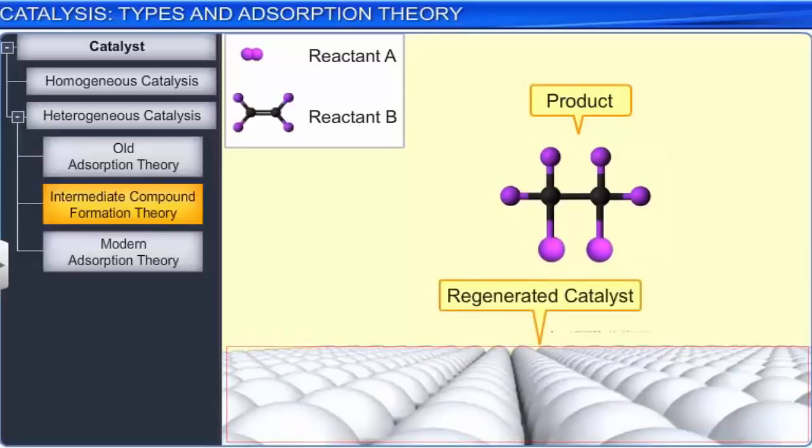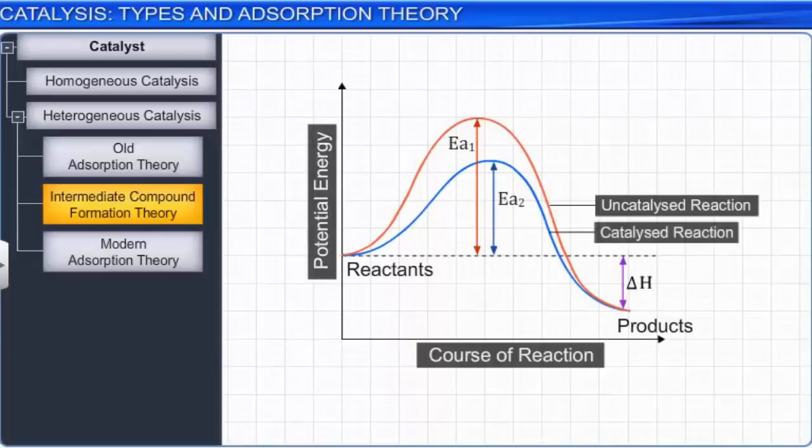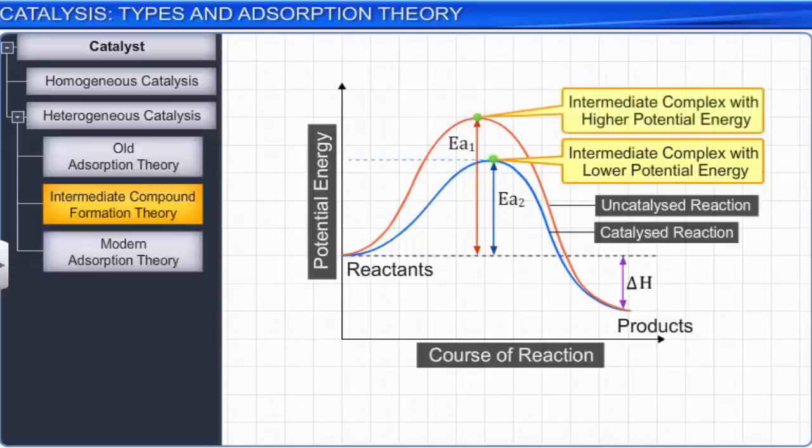You already know that the presence of a catalyst provides an alternate path to the chemical reaction. A look at these curves shows that the activation energy of the catalytic path is much lower than the non-catalytic path. Also, the peak of the curve represents the intermediate complex. You can see that the intermediate complex formed with the catalyst has a much lower potential energy than the intermediate complex formed between the reactants in the absence of the catalyst.